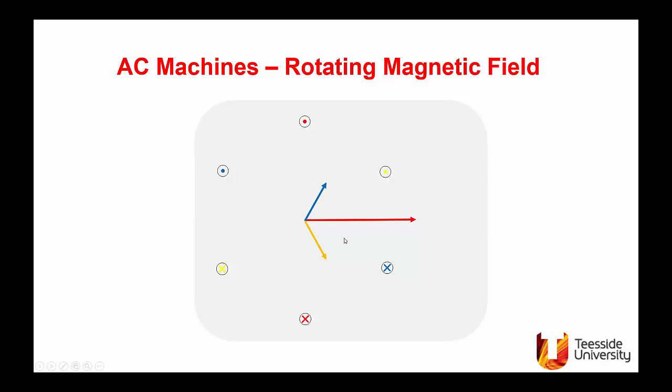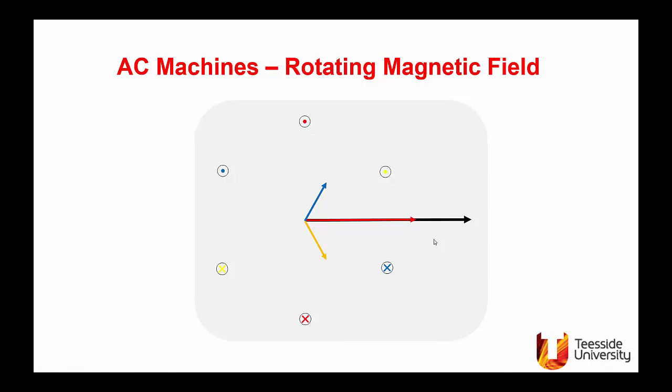The resultant magnetic field due to this combination of 3 coils which are displaced in space is to add the red plus the yellow plus the blue. You end up with this resultant magnetic field.